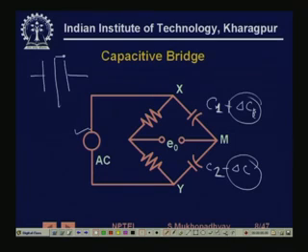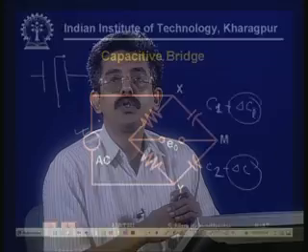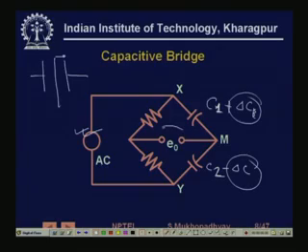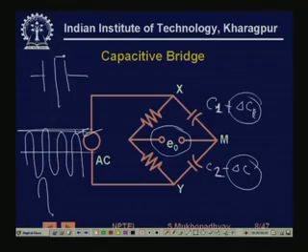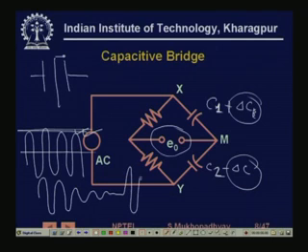So naturally the bridge voltage is going to be proportional to this delta C, and it is going to be considerably linear. The only thing we have to remember is that in such cases we have to use an AC source, fact number 1. Fact number 2 is that the output voltage is also going to be an AC. So it is not going to be a DC. So we have to extract the amplitude of this wave somehow, right? And not only that, if we are going to measure a time varying signal, then this amplitude of the wave will actually vary in some ways, sometimes decreasing, sometimes increasing.